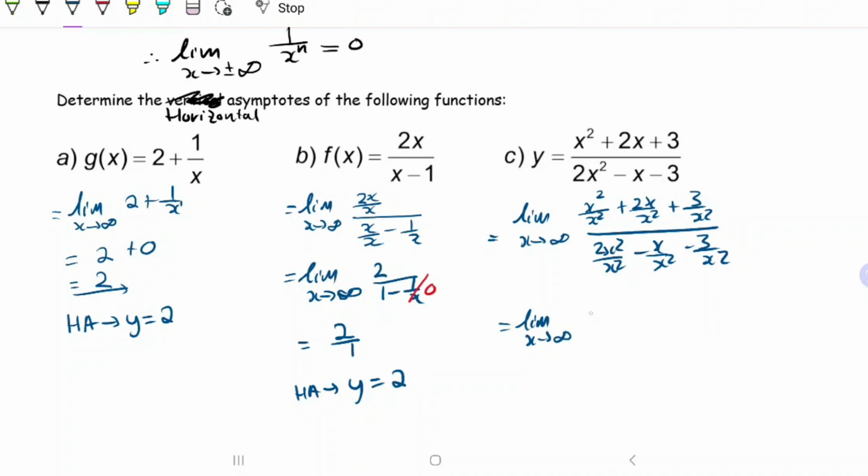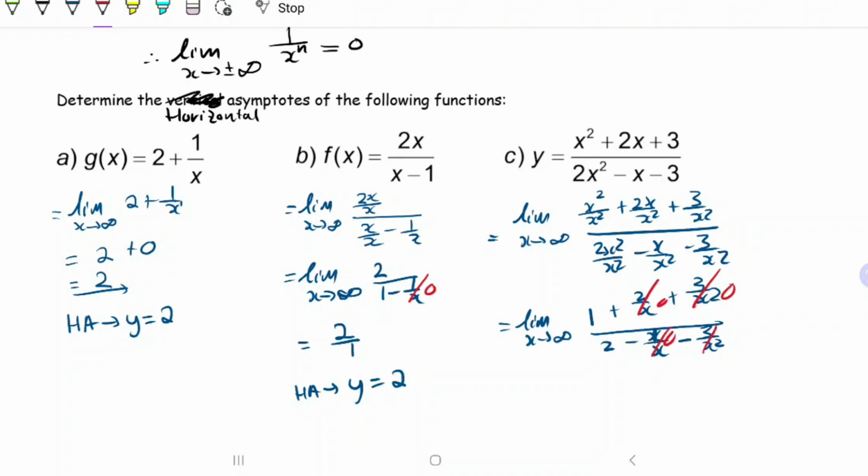The numerator gives us 1 plus 2 over x plus 3 over x squared, all over 2 minus 1 over x minus 3 over x squared in the denominator. According to our definition of the infinite limit, those terms will all be 0.